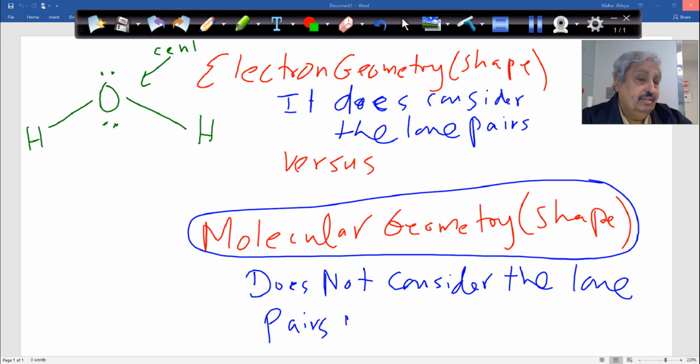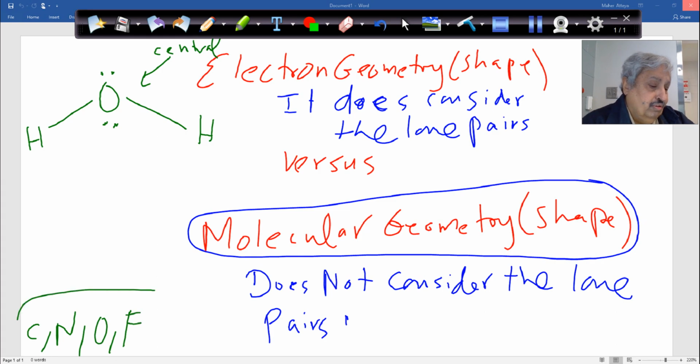Central atom. And the octet rule: you have 4 elements to watch for the octet rule: carbon, nitrogen, oxygen, fluorine. You have to consider those for the octet rule. They have 8 valence electrons around them, bonding or non-bonding.